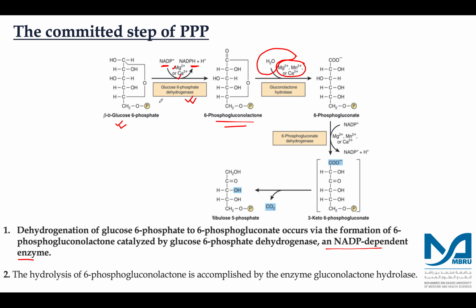So the committed step is catalyzed by glucose 6-phosphate dehydrogenase, an NADP+ dependent enzyme, which converts glucose 6-phosphate to 6-phosphogluconolactone. Once 6-phosphogluconolactone is formed, it is hydrolyzed to 6-phosphogluconate by the enzyme hydrolase or gluconolactone hydrolase. So that's the subsequent reaction after the formation of the lactone.